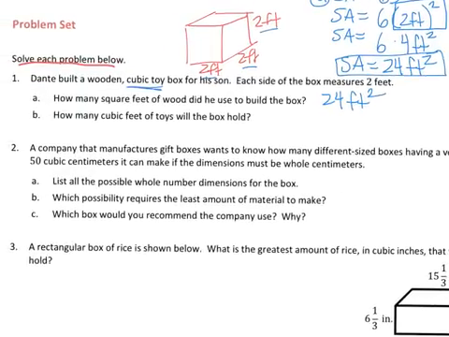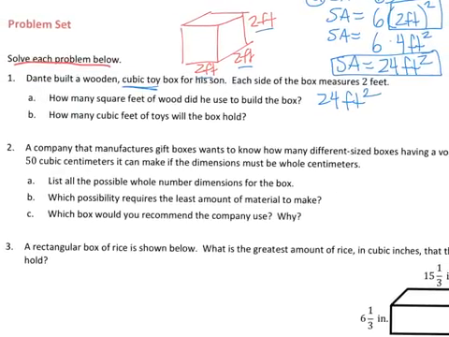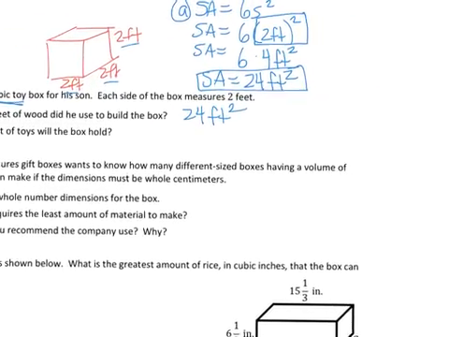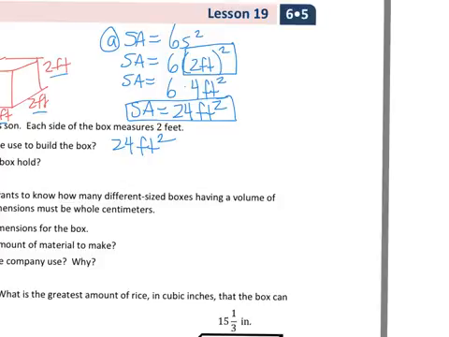Now, B says, how many cubic feet of toys will the box hold? So now we're looking at how many cubic feet it will hold, and when I hear cubic feet, I immediately think of volume. There are 2 formulas for that.